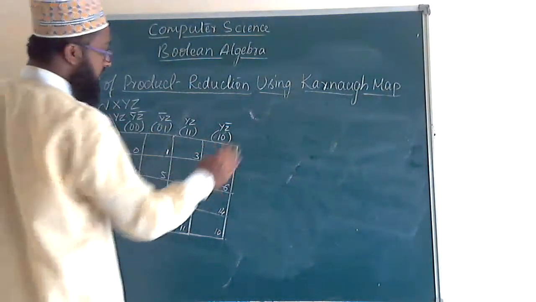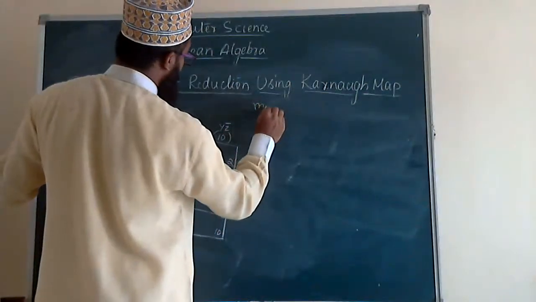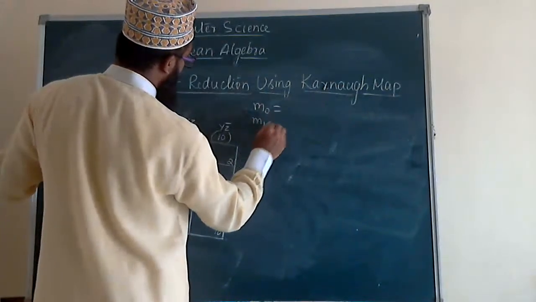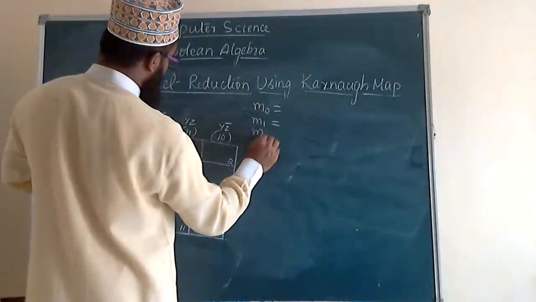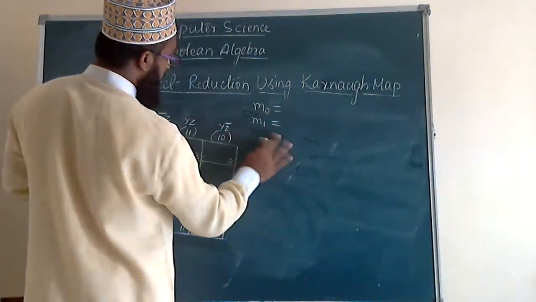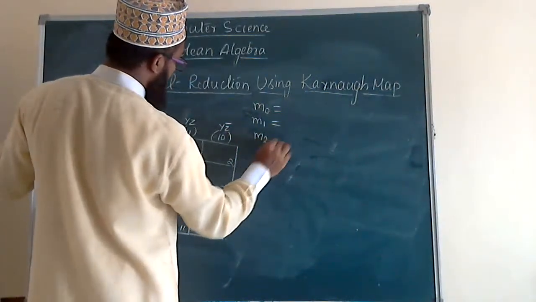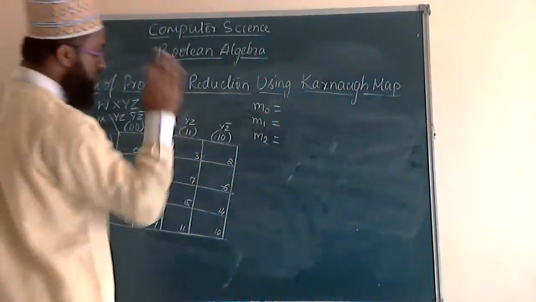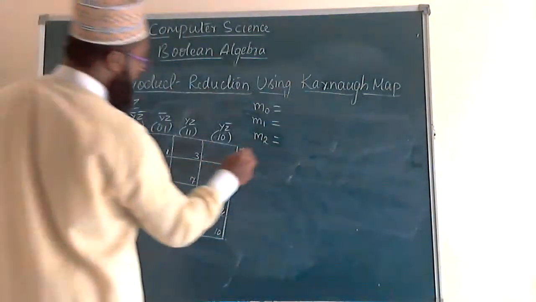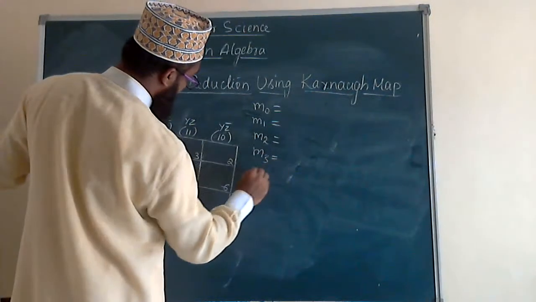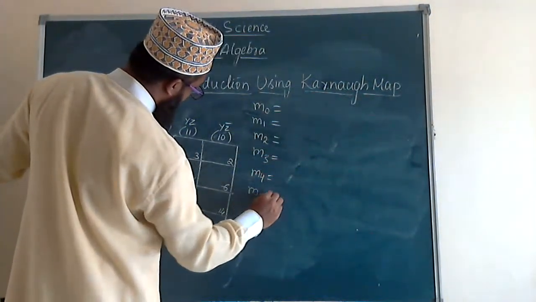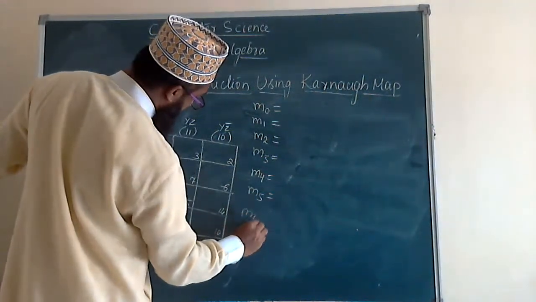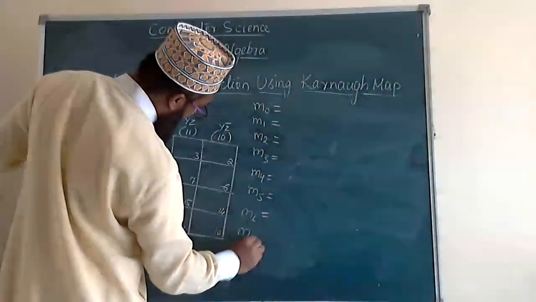How can we name the cells here? We name the cells as M0, M1, then M3. Or you can write it as m2, but while writing the minterms you have to write clearly m3. Then m4, m5, m6, m7.